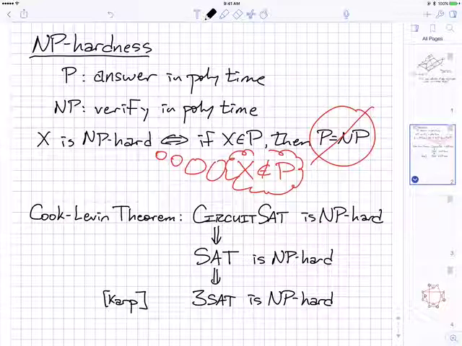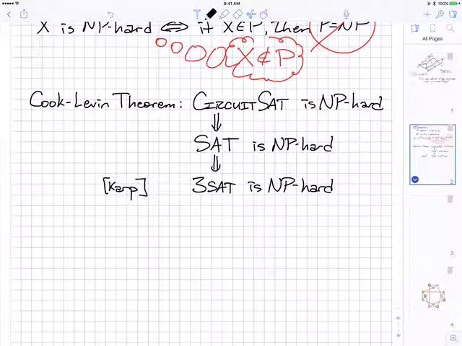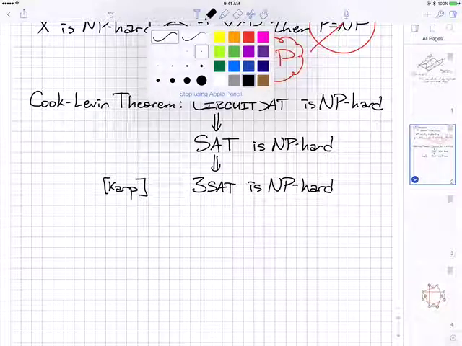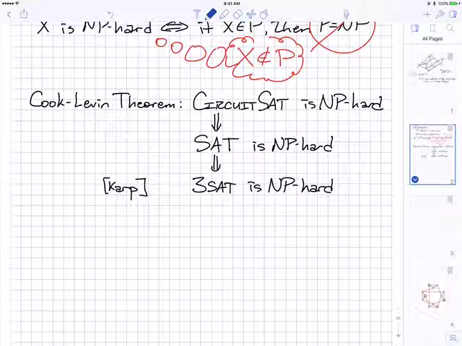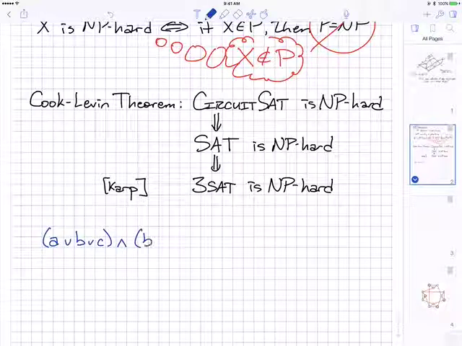And the first problem that Karp in the early 1970s considered was this special case of SAT called 3SAT, where the typical input for 3SAT is a Boolean formula, but it's one that has a very special structure.